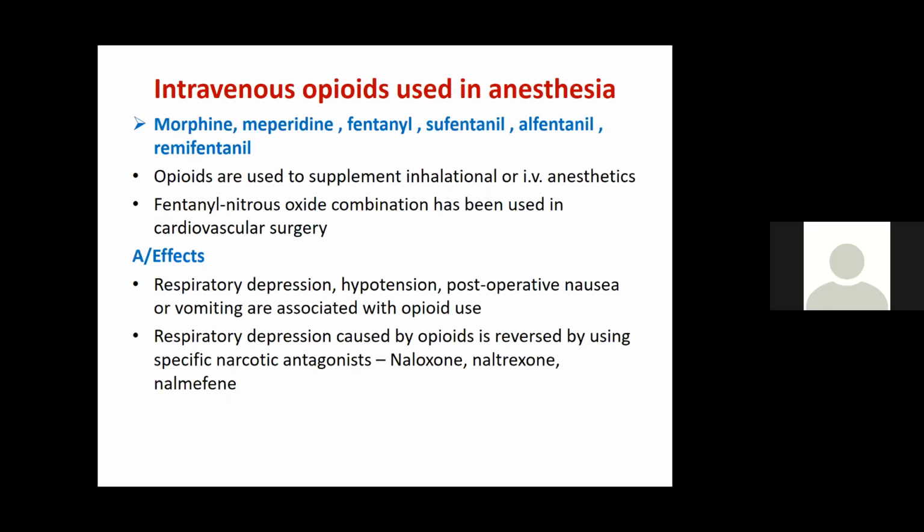And therefore, we would tend to use other drugs like fentanyl, sufentanil, alfentanil, remifentanil, etc., which have dual effects. Number one is they have less respiratory depression, and number two is they are more potent compared to morphine, as some of them may be even up to 100 times more potent than morphine. Or let's say more than 10, 20 times more potent than morphine.